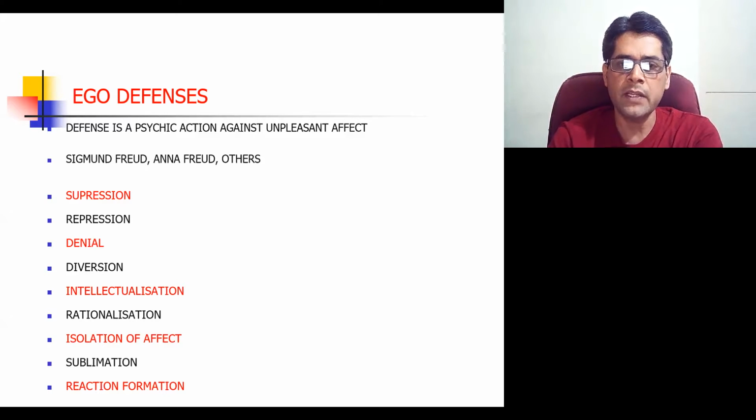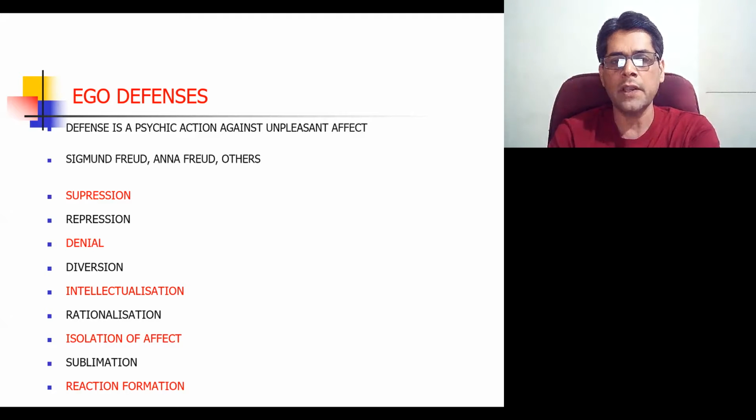And these ego defenses are actions undertaken by the ego in the conscious mind and also in the unconscious mind. We saw in Freud's structural model that part of the ego is conscious, part of the ego is unconscious.